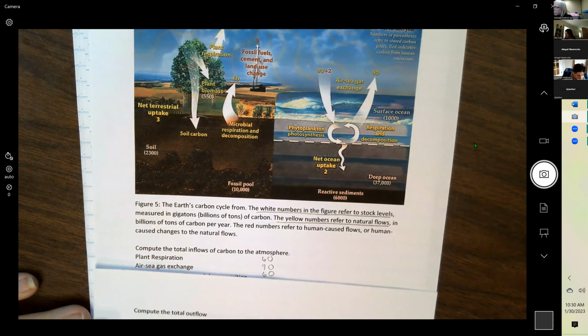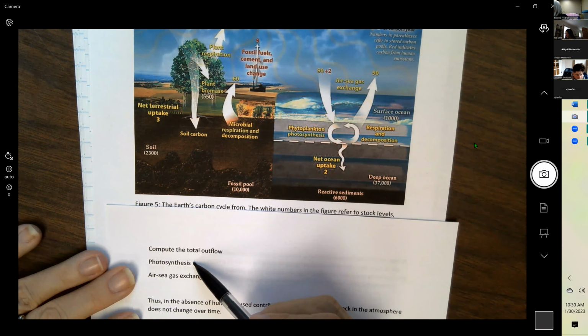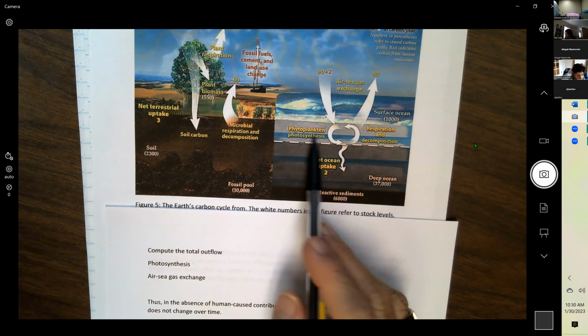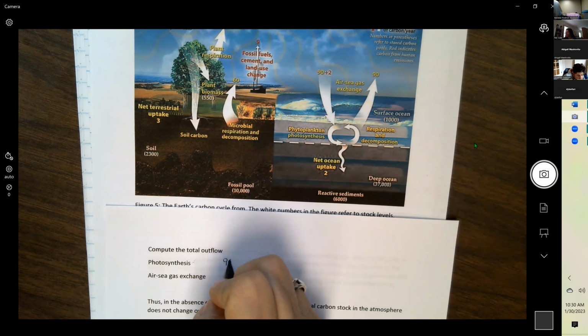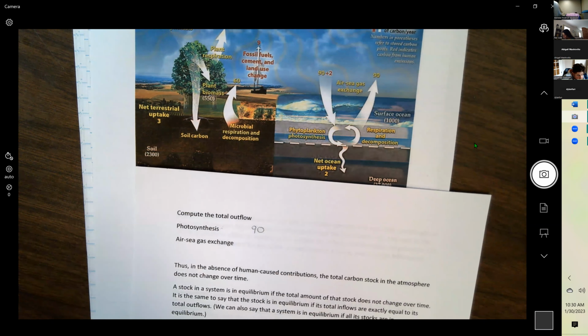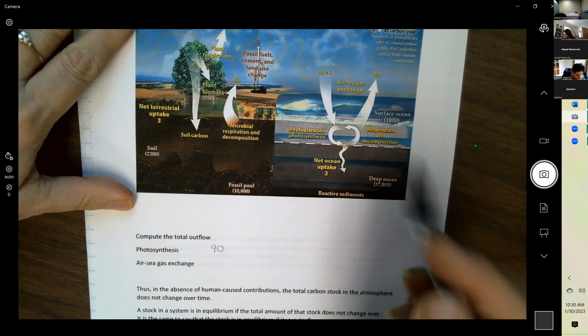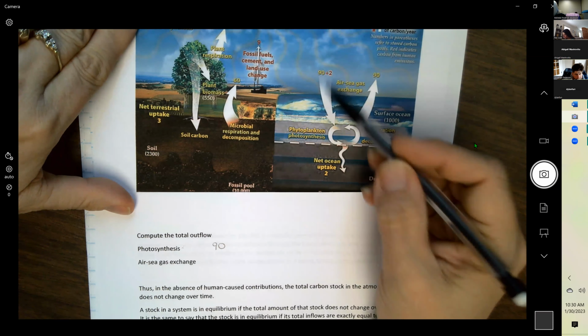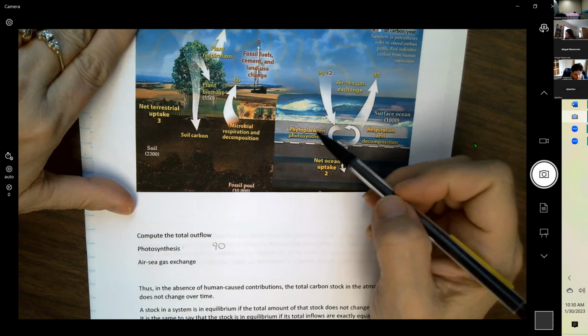If we look at the outflow, there's only two of them. Photosynthesis right here, so 90, and the air-sea gas exchange. There was this coming in, the air-sea gas exchange is 90.